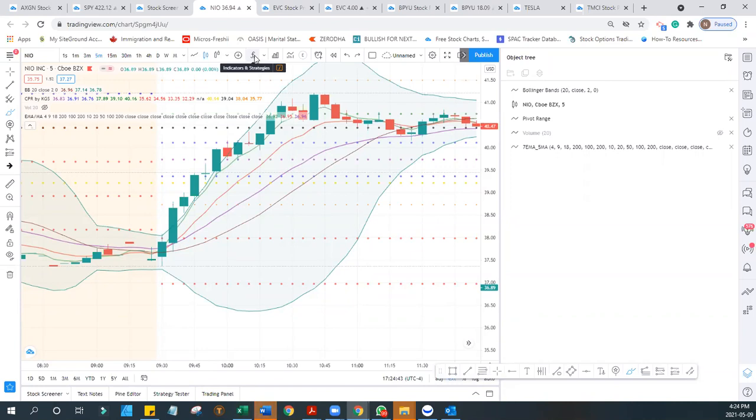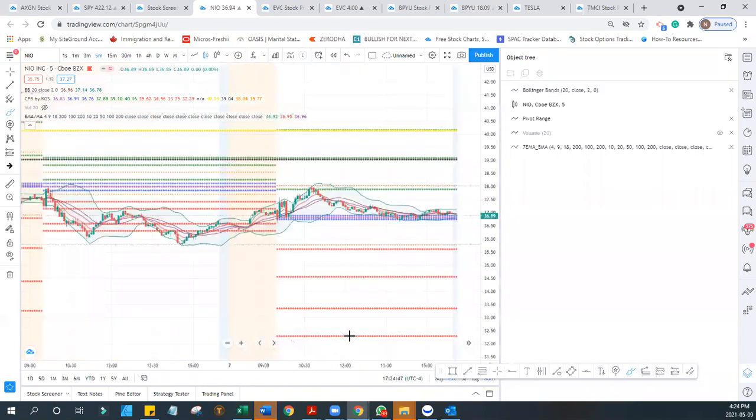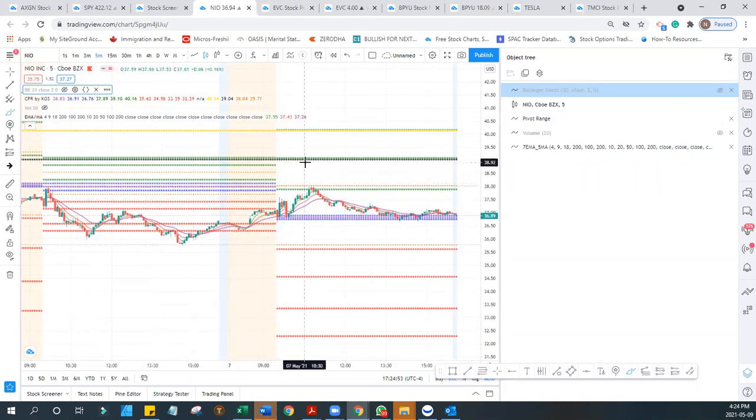Got it. But how is the black line determined? The black line is the monthly pivot. They calculate it from the high and so on. They have a formula, but I don't know the formula, to be frank. I was trying to understand because usually we tend to have some movements in the pre-market and aftermarket, right?